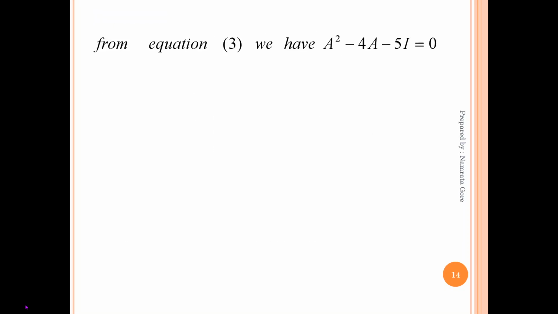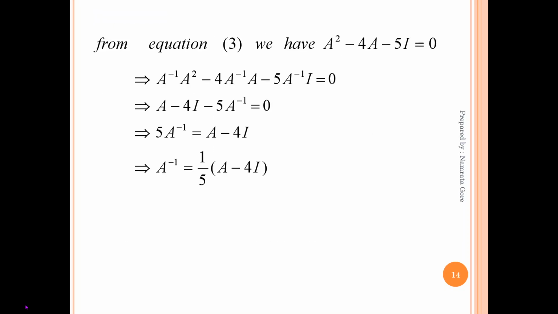Now for the expression A square minus 4A minus 5I equal to 0, we will find the inverse. So applying A inverse, now here in this case I have applied A inverse from the left hand side, so this is also possible. A inverse into A square minus 4 A inverse into A minus 5 A inverse into I equal to 0.